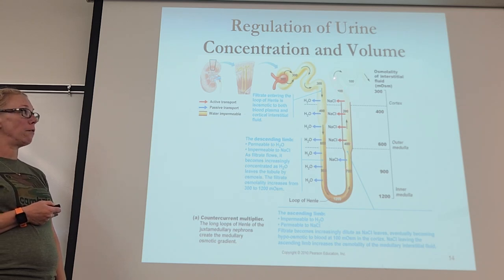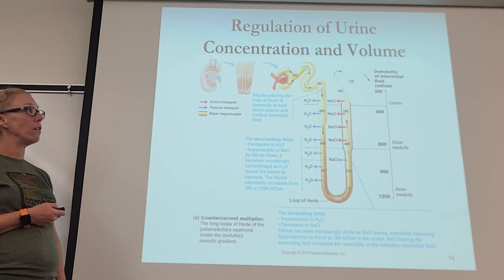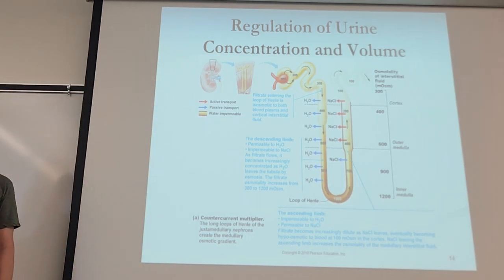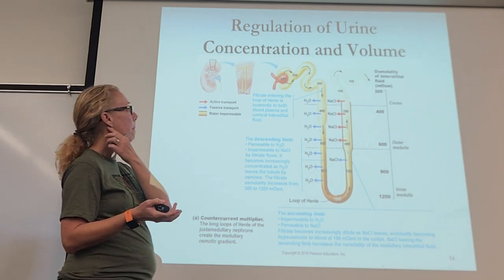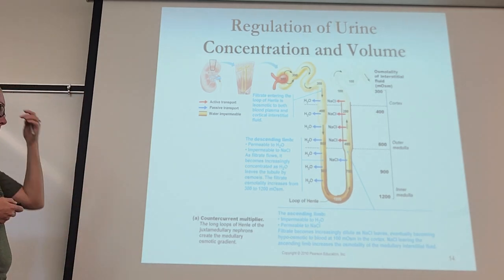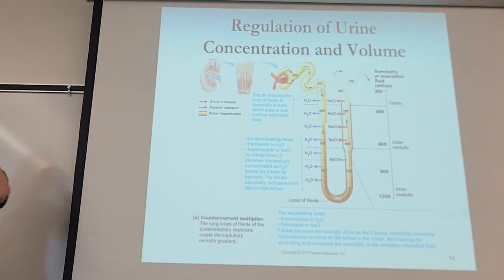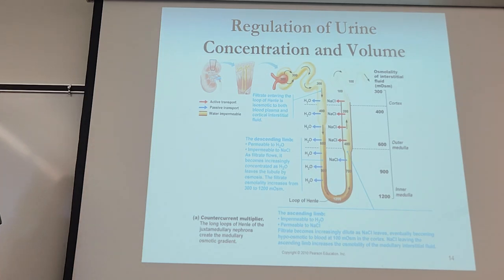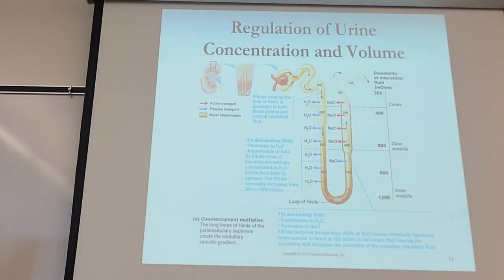And interestingly enough, the concentration coming out of the nephron loop typically is lower than when it entered. But because the filtrate is around the same concentration as your blood, that can be a good indicator at any one point in time of what your blood pressure and blood volume is like. But I'll repeat myself again for that.